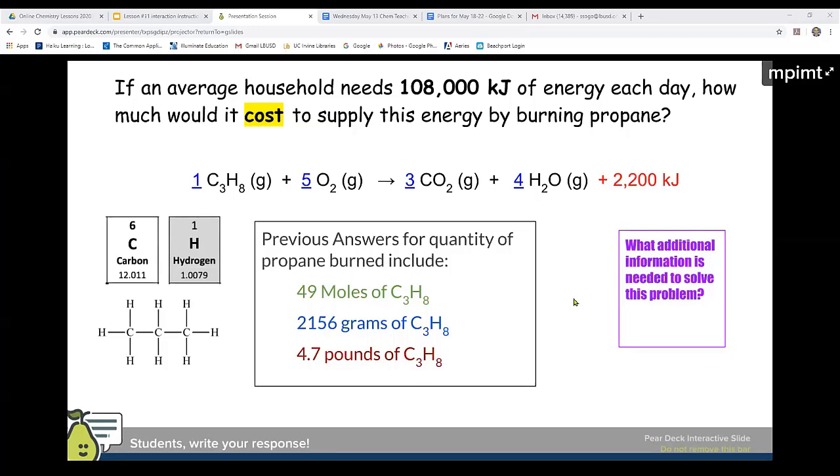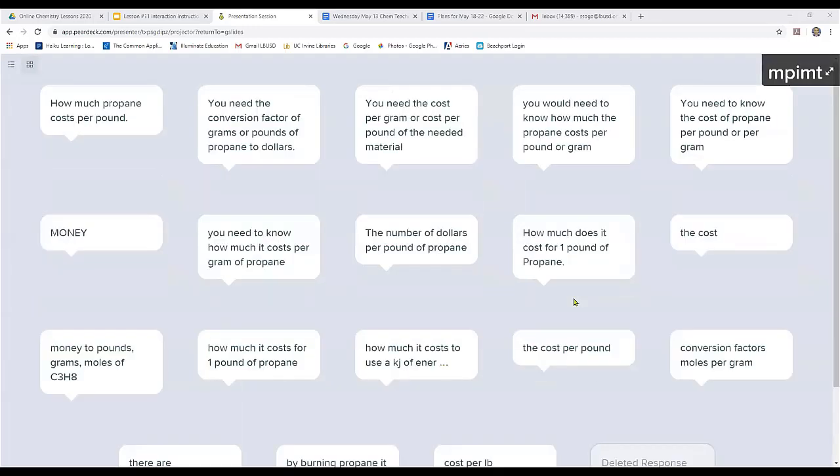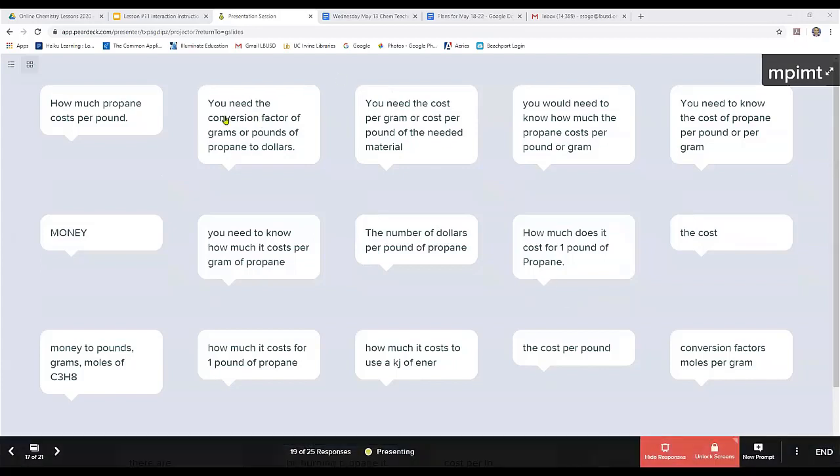But here's what I can show you. So look at your Zoom screen now, and see, this is what information we need to figure out how much does it cost. So you can see the second one here says a conversion factor. And it will relate grams or pounds to dollars. Cost per gram or cost per pound. This is saying the same thing.